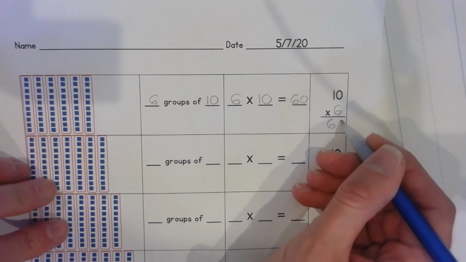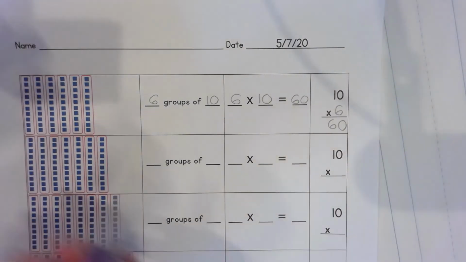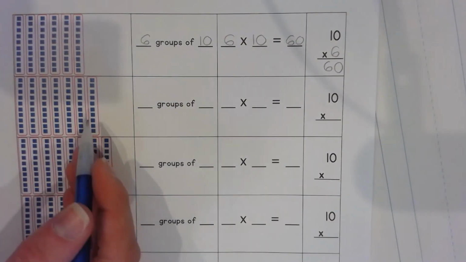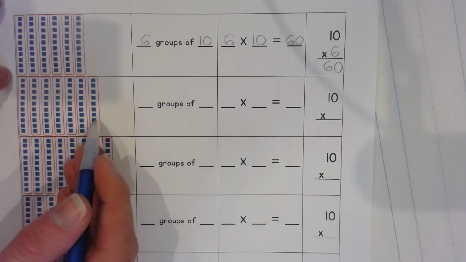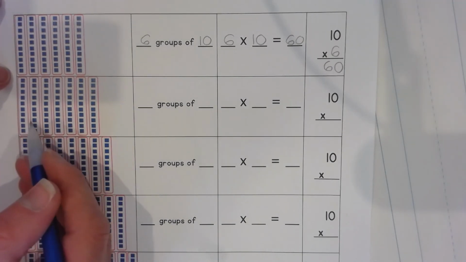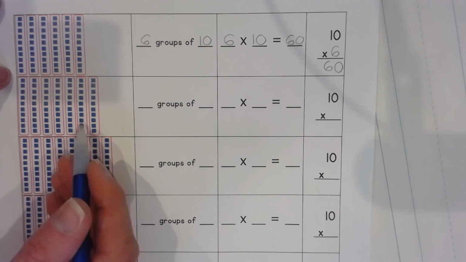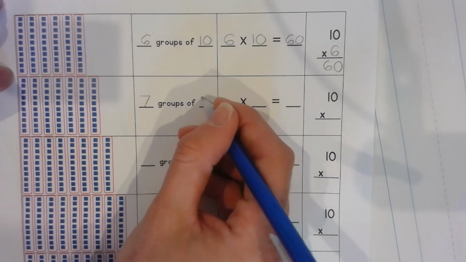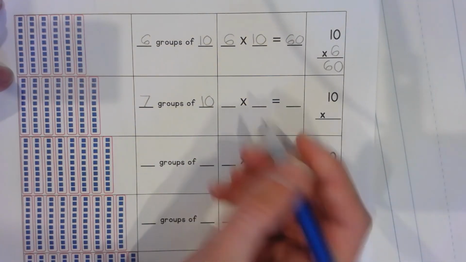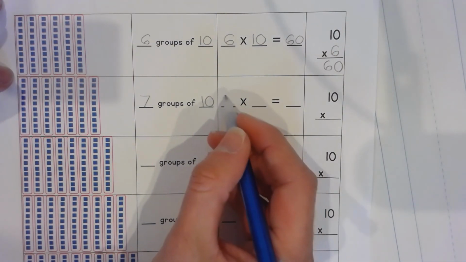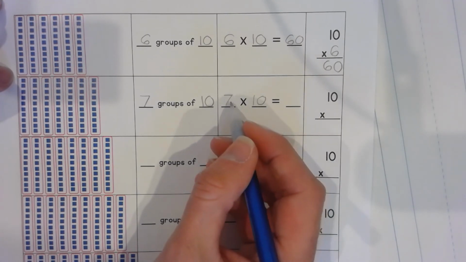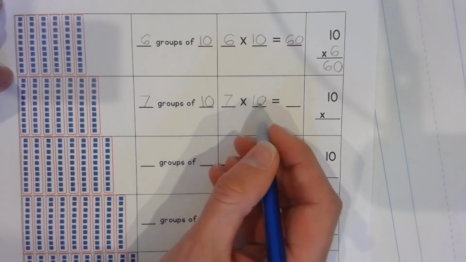That would be something you might need to do if you don't have a picture. You might need to use those fingers. Here, how many groups do we have? 1, 2, 3, 4, 5, 6, 7 groups of 10. And that is 7 groups of 10, or 7 times 10.